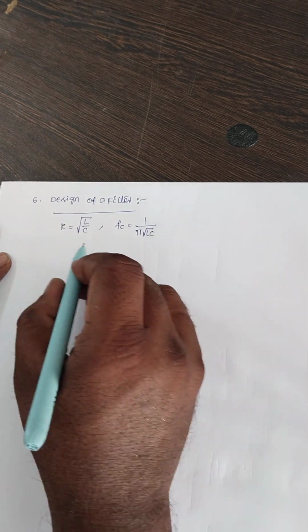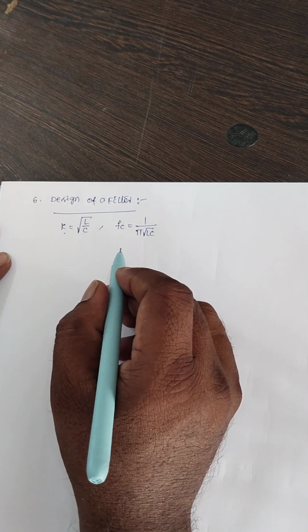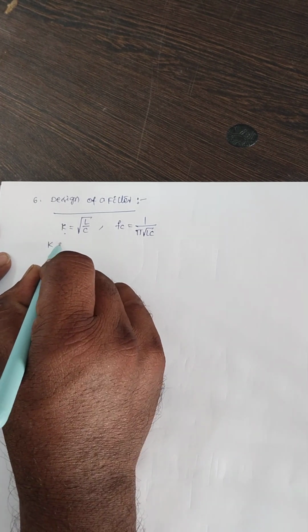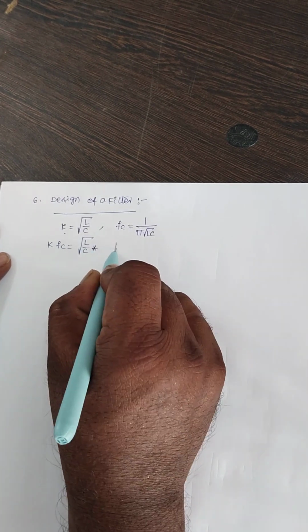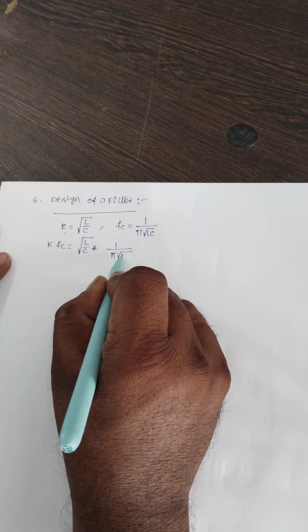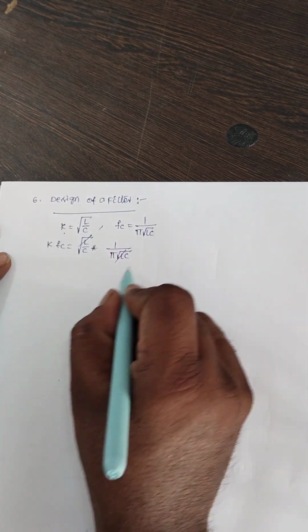Next, if I multiply k with fc, then k into fc is equal to the square root of L by C into 1 by pi root LC. The square root L and square root L will get cancelled.